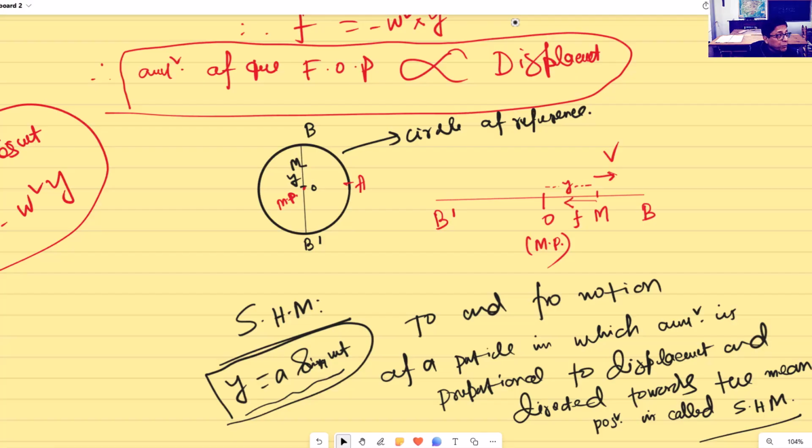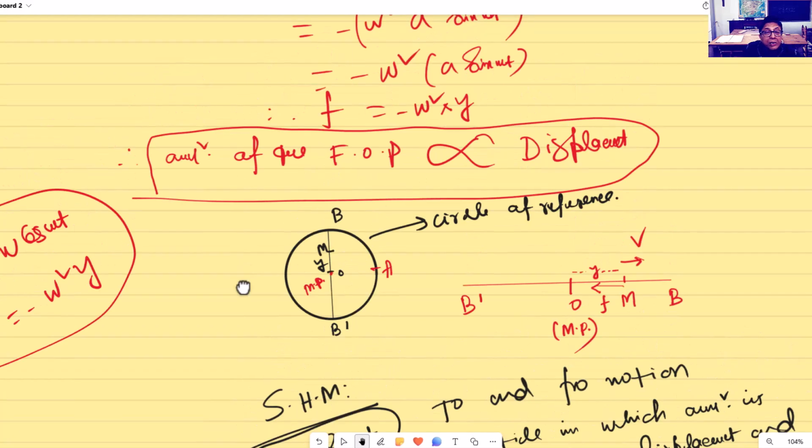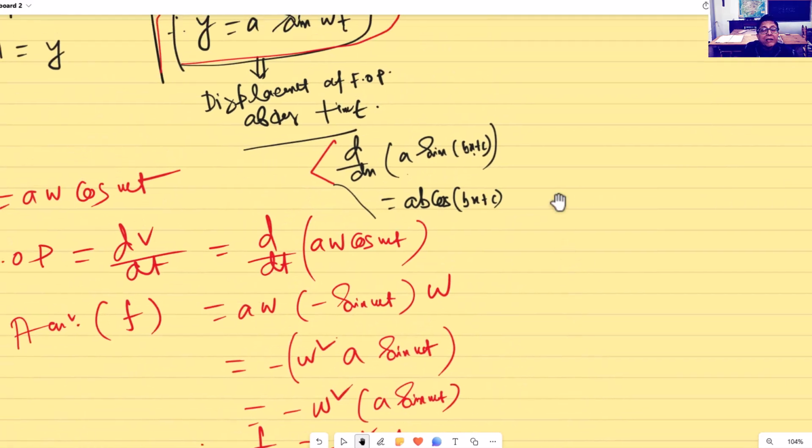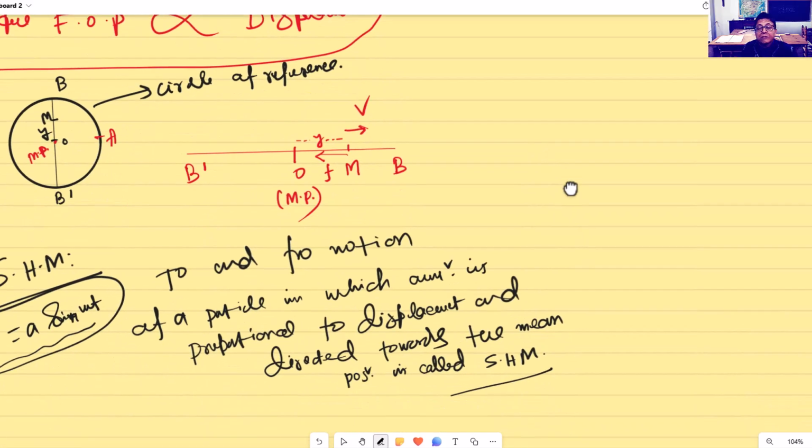Omega we borrow from where? From uniform circular motion. So, in uniform circular motion, if we consider the projection of the particle on the vertical diameter, then the motion is simple harmonic.